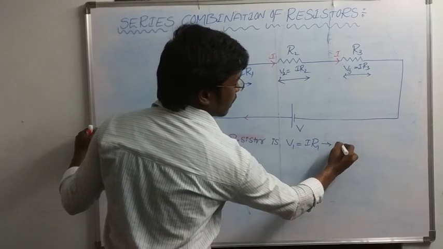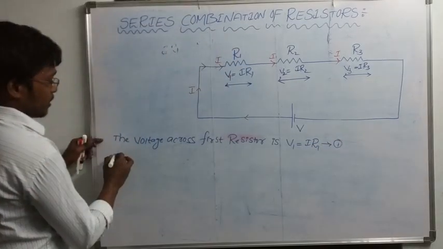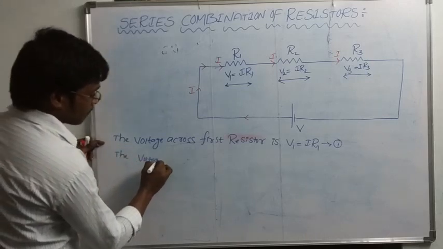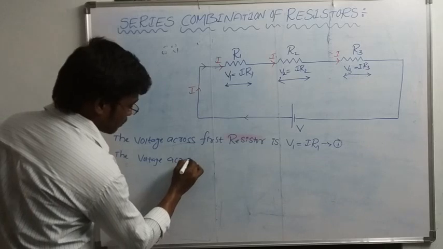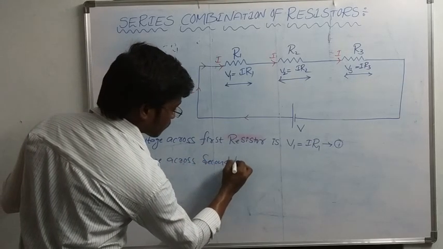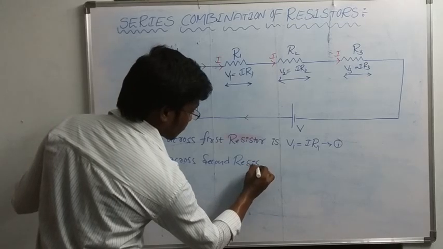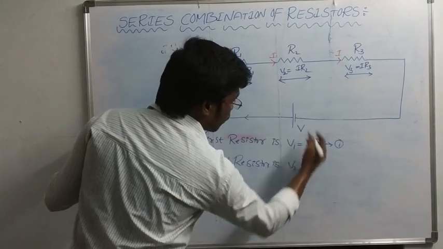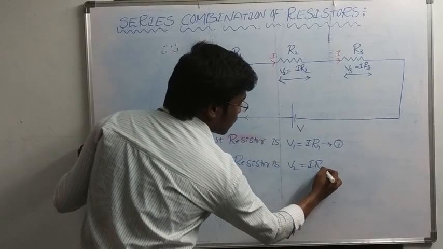Give equation number 1. Same, the voltage across the second resistor is V2 is equal to IR2.